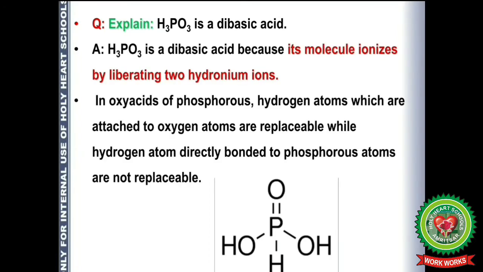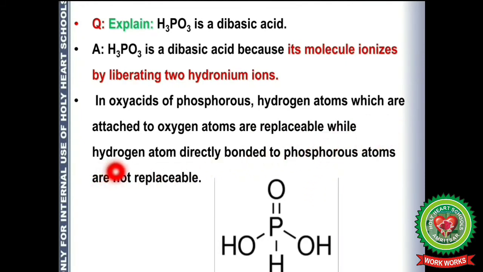Now, why is it known as a dibasic acid? Because its molecule ionizes by liberating 2 hydronium ions. Why so? In oxyacids of phosphorus, the hydrogen atoms that are attached to oxygen are replaceable. You can see there the OH, the hydrogen atoms attached to oxygen atoms are replaceable.